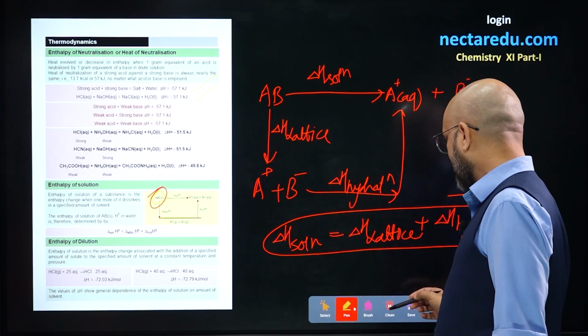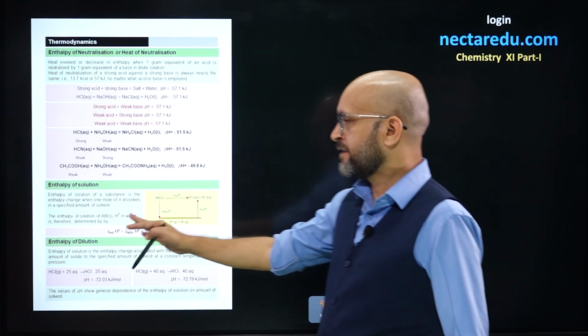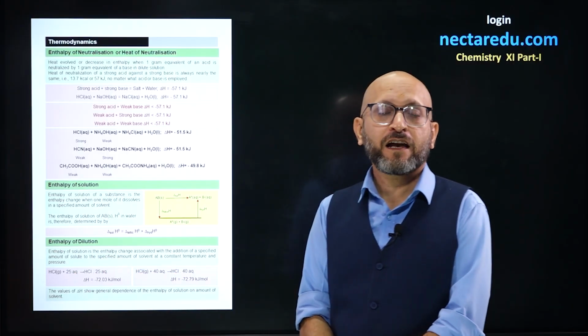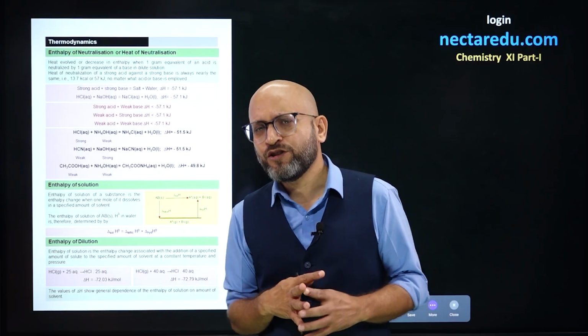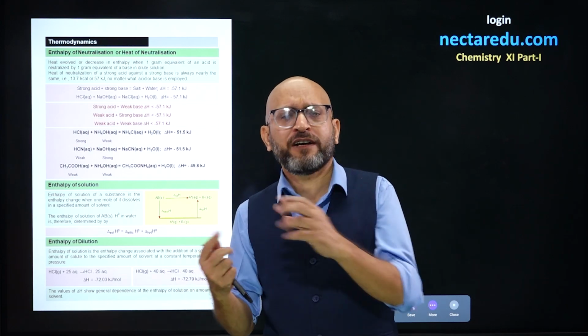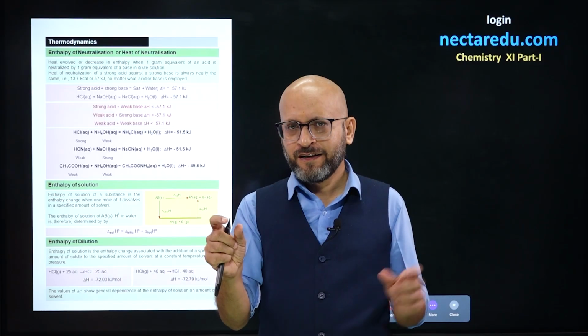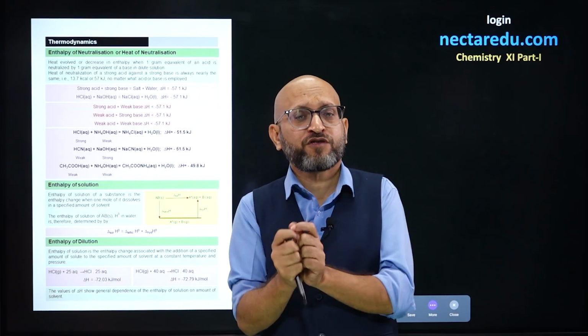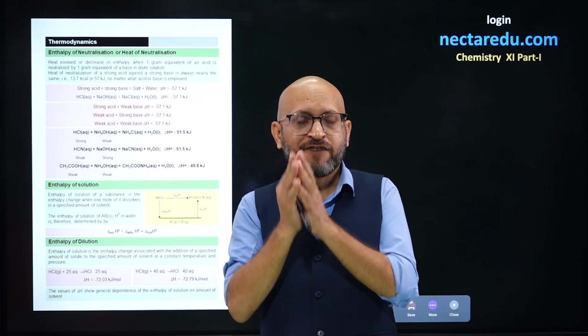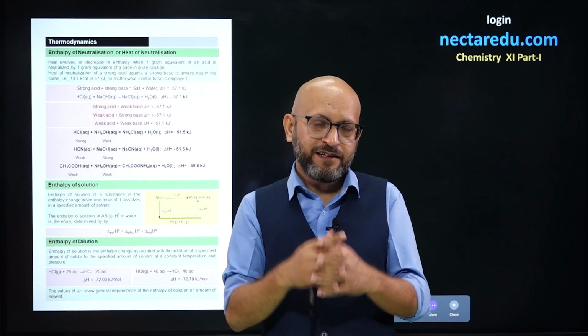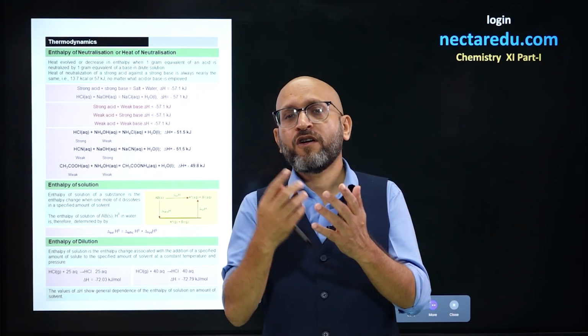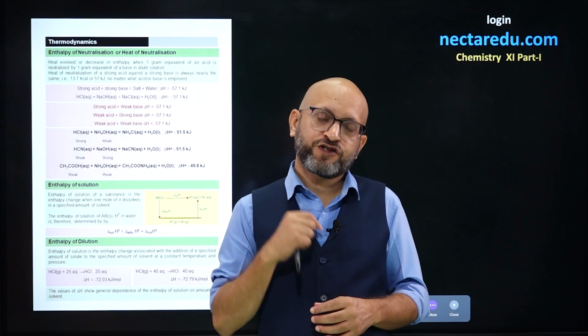And next is another enthalpy value, and that is enthalpy of dilution. So what is dilution? Dilution is addition of solvent. When a specific amount of solute combines with a specific amount of solvent, that phenomenon is known as enthalpy of dilution.